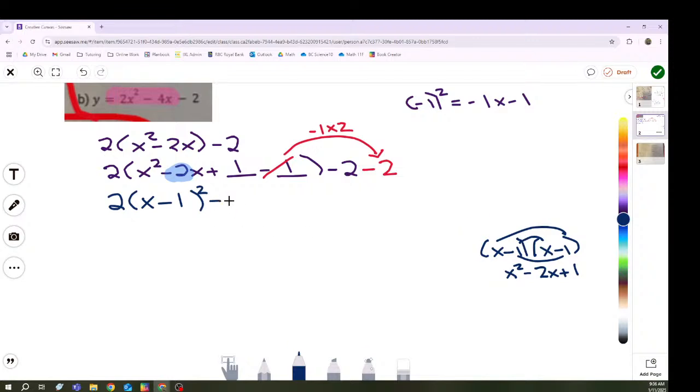Good. And now we've got what we call our vertex form, so we can answer the question as to what is our vertex. So the vertex, what's the x value for the vertex?